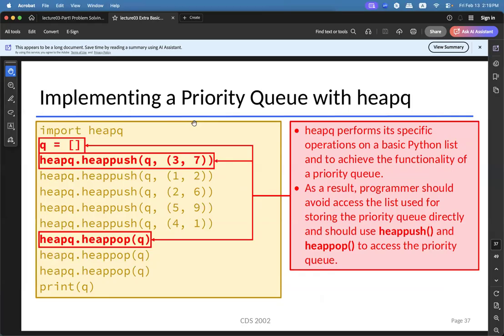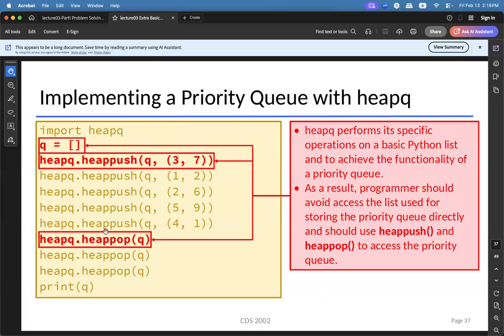But instead of interacting with the list directly, you use the heapq functions to interact with the list. So essentially we hijack the list. We create an empty list, and then we use heapq.heappush and heapq.heappop to hijack the list. Now you do not address the list directly. You address the elements in the list using these two functions.